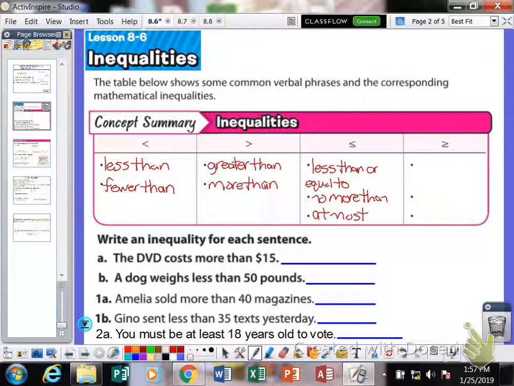And our last symbol that we have here is our greater than sign with the line underneath, and it just means greater than or equal to. So that would be one of the terms that we can use.